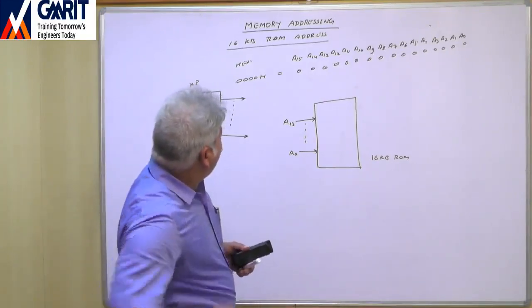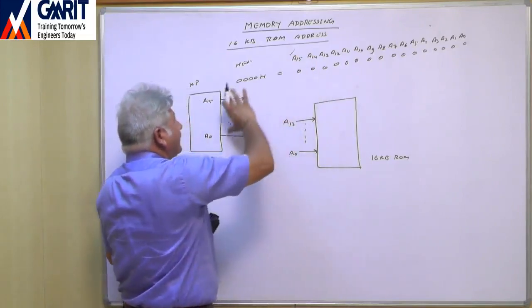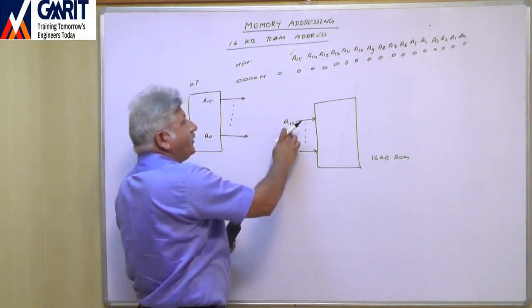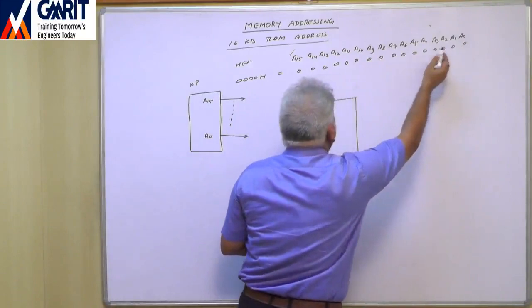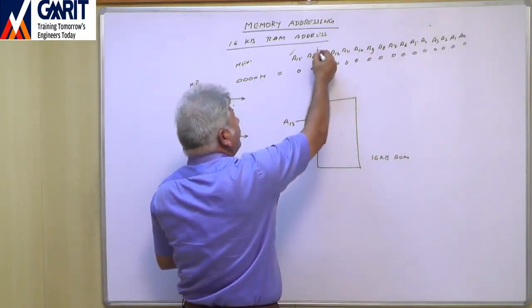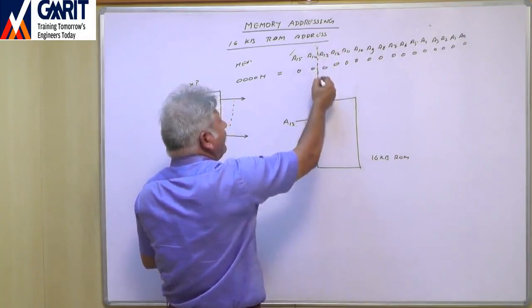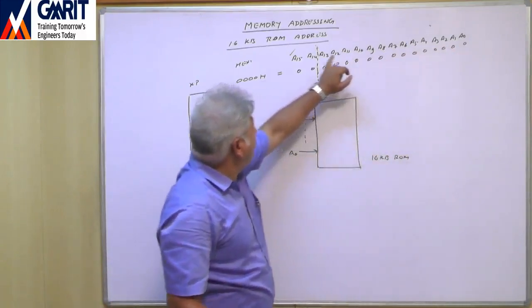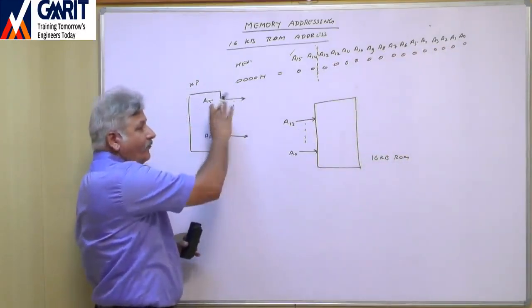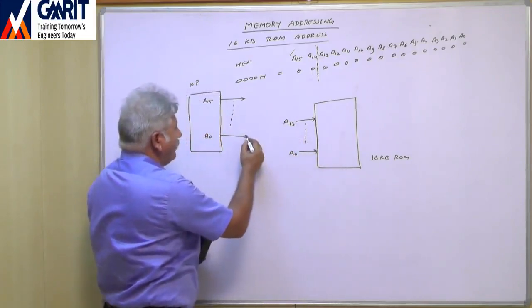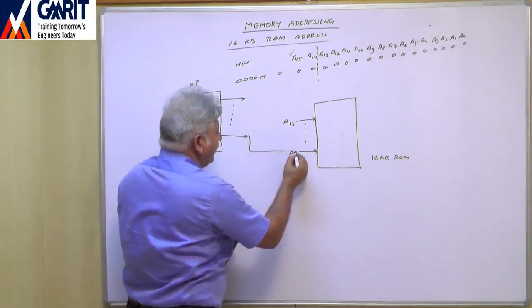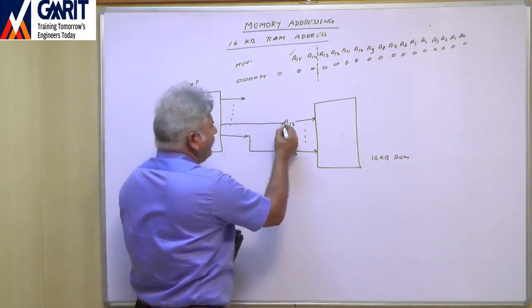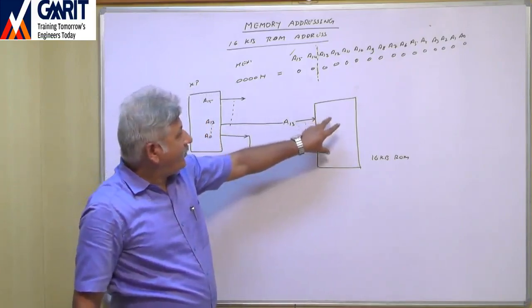Now these are the addresses coming out from the microprocessor. Only the lines A0 to A13 from the microprocessor will be connected to the address lines of our ROM.